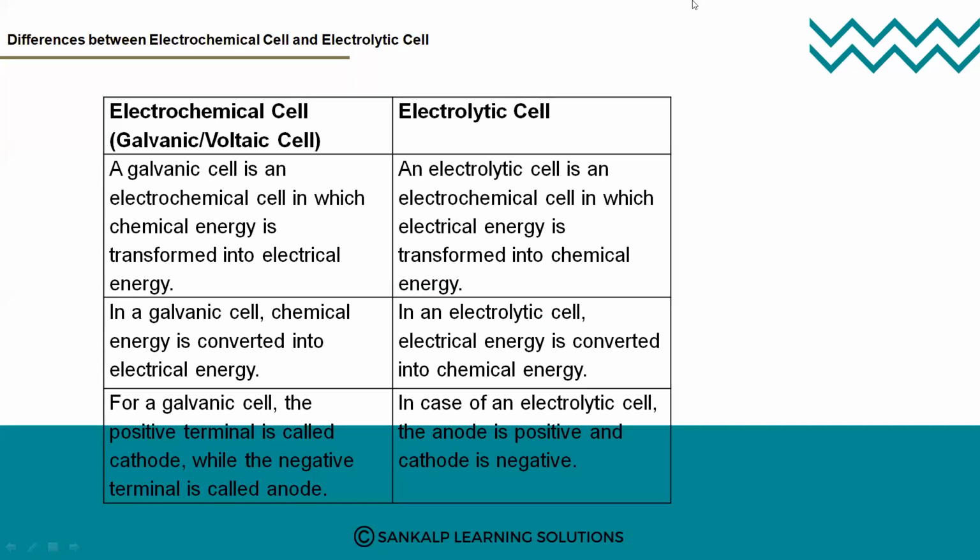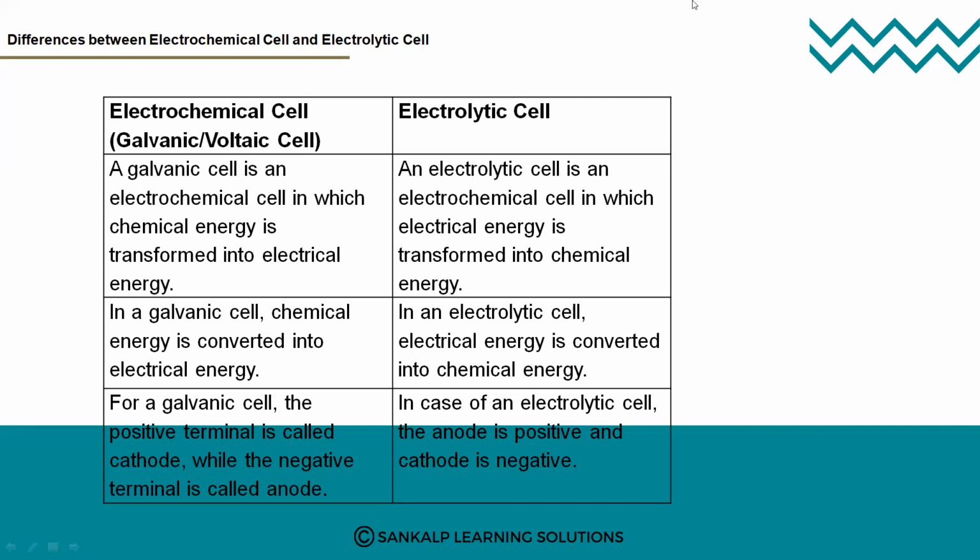It is an electrochemical cell in which chemical energy is transformed into electrical energy. What is an electrolytic cell? An electrolytic cell is an electrochemical cell in which electrical energy is converted into chemical energy.